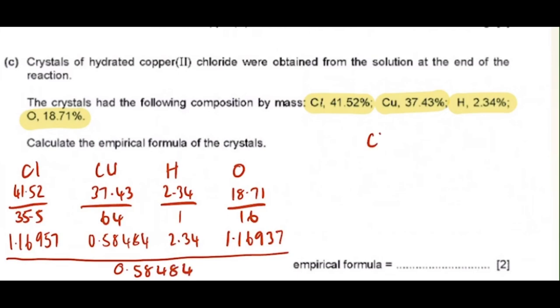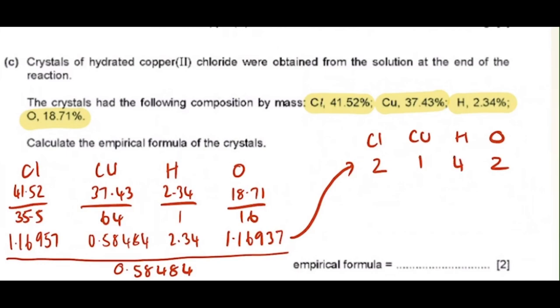That's going to give us 1, obviously, for the copper. 1.16957 divided by 0.58484 gives us 1.999999, so that is 2. We don't need to do the oxygen. We could, but it's going to give us 2 because they're virtually the same number. Then we work out the hydrogen, which is 2.34 divided by 0.58484, and that will give us 4.